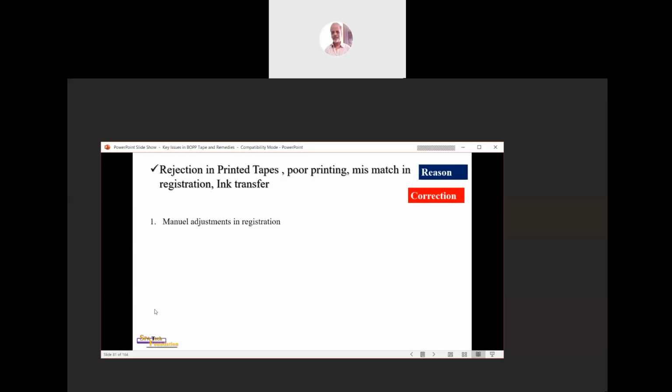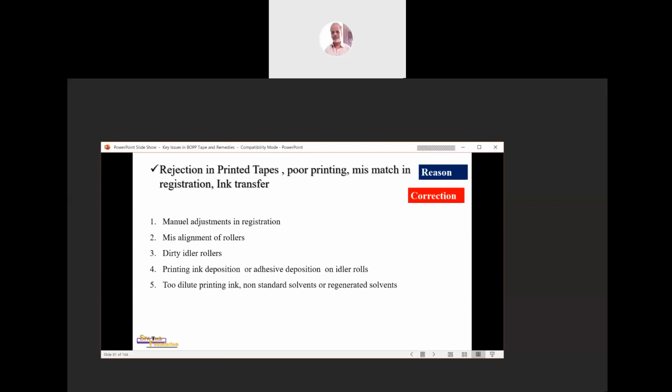Manual adjustment in registration because of the limitations of the printing machine or the coating machine, misaligned rollers, dirty idler rolls, printing ink deposition or adhesive deposition on idler rolls, too dilute printing ink, non-standard solvents or regenerated solvents are responsible for ink transfer or improper drying, resulting in rejections.